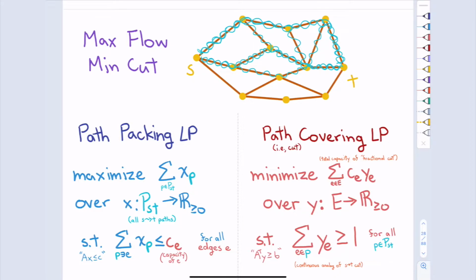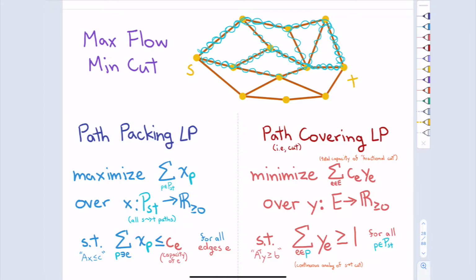The capacity now looks like costs up here. Before, the variables were paths; now the constraints correspond to paths. Before, the constraints corresponded to edges; now the variables correspond to edges. So this is just doing the exact duality as before.